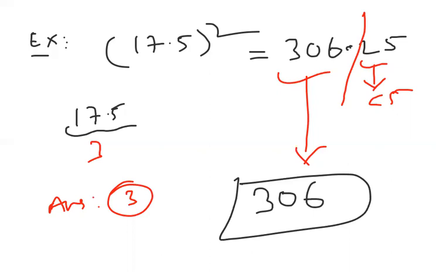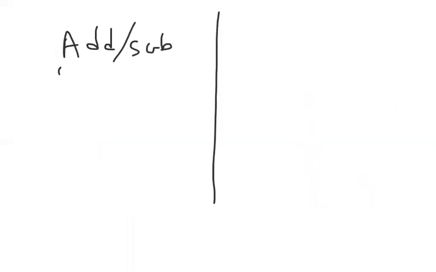So this is our method. This is the method to solve multiplications, divisions, additions and subtractions. Remember the difference: the methods are the same, but for addition and subtraction we take significant decimals.